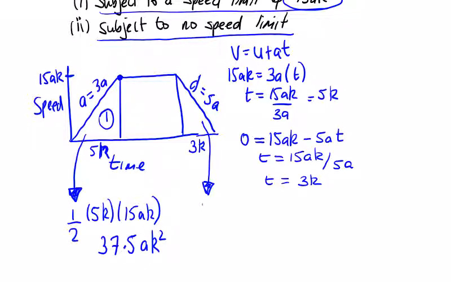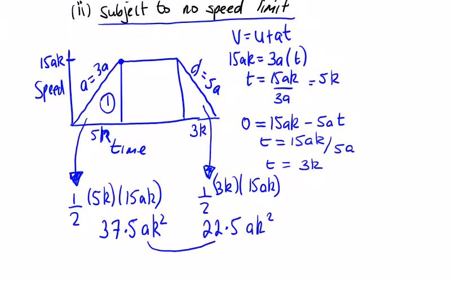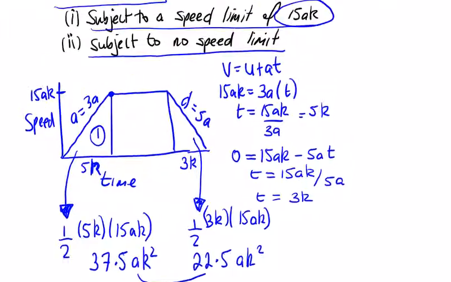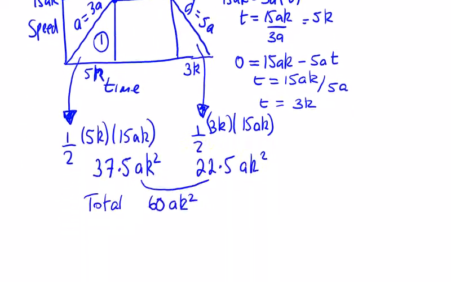And this one, half the base 3k by the height, 15 ak, so it's going to be half of 45 ak squared, which is 22.5 ak squared. So these two are going to give me a total of 60 ak squared. So we're told that the distance is 90 ak squared, so 30 ak squared left. You can just write that, you don't have to do 90 minus 60.